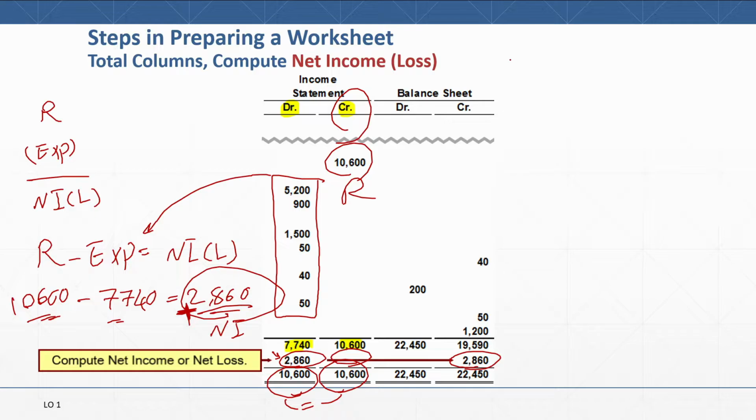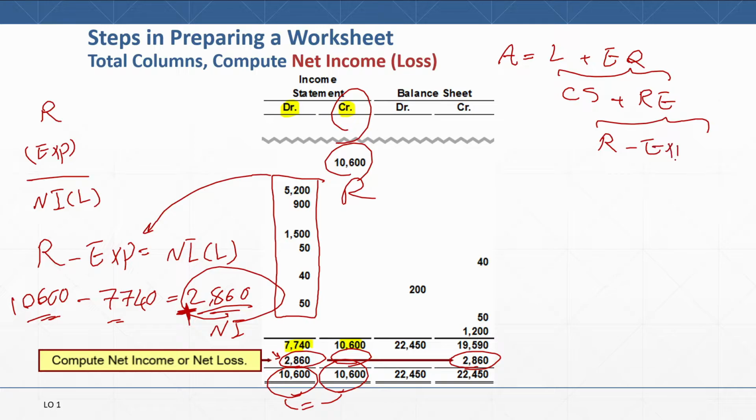Let's start with the accounting equation, which is assets equal to liabilities plus equities. I'm going to expand the equity to common stocks plus retained earnings. And as you remember, we can also expand the retained earnings to report revenues minus expenses minus dividends, right?